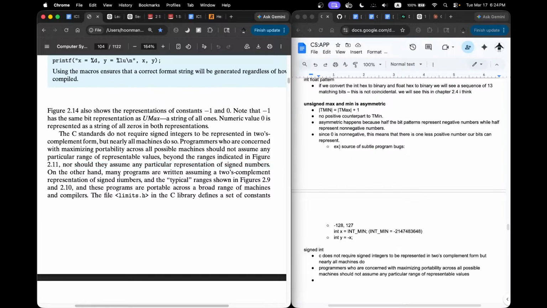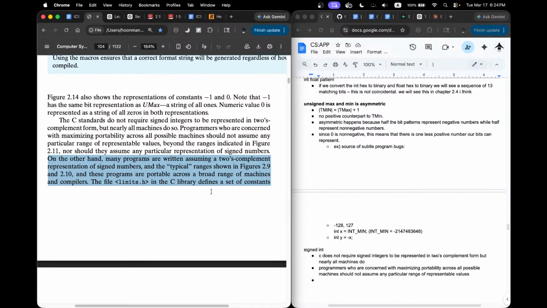On the other hand, many programs are written assuming a 2's complement representation of signed numbers and the typical ranges shown in 2.9 and 2.10, and these programs are portable across a broad range of machines and compilers.